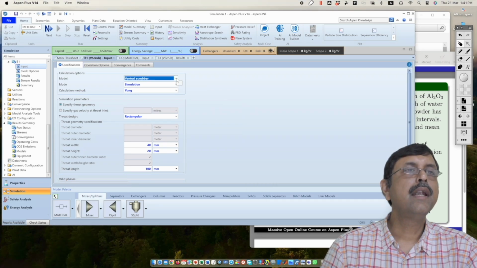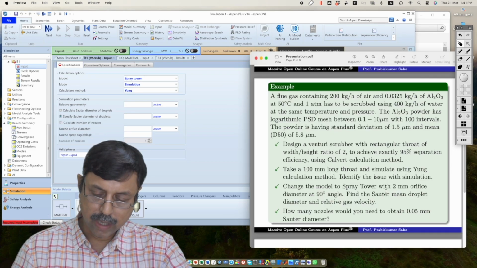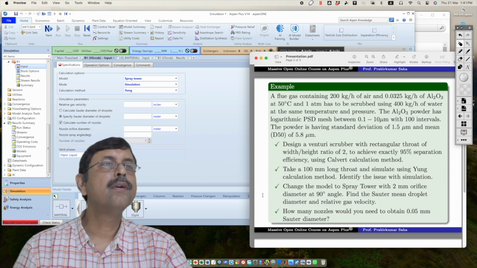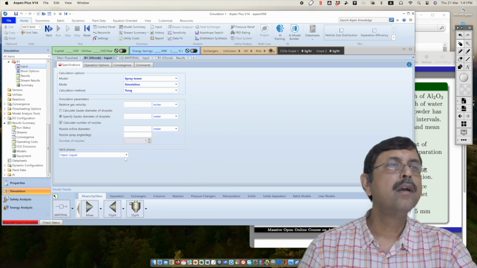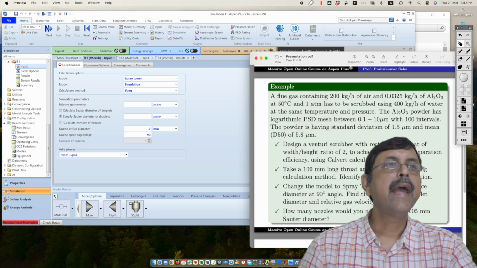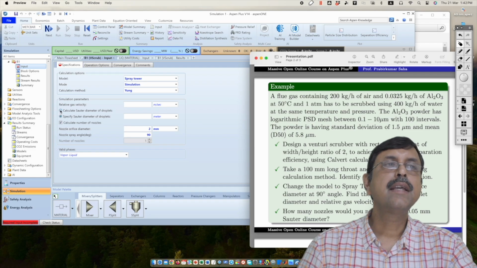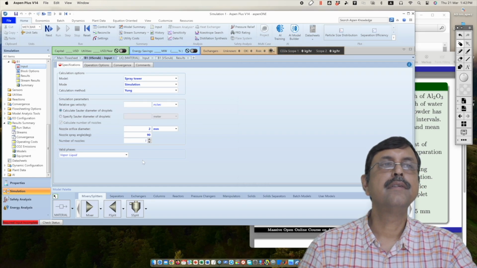So let us choose the spray tower and then the orifice diameter of the nozzle is 2 mm and it is 90-degree angle. And we have to find the Sauter diameter. So we have to calculate the Sauter diameter. Okay.